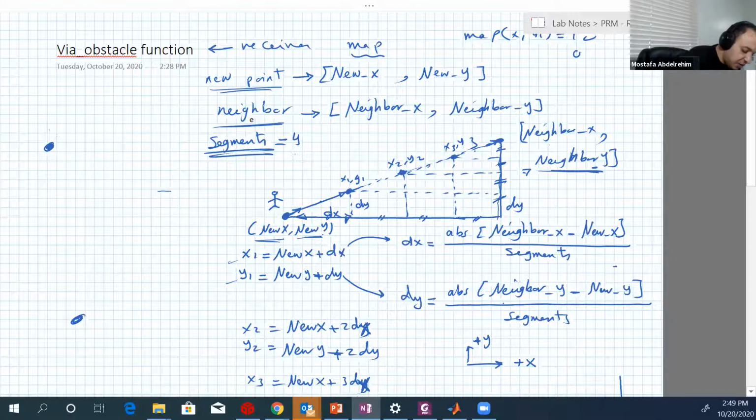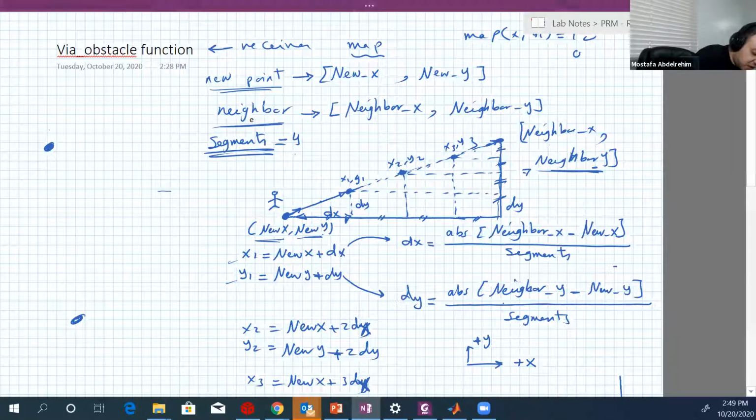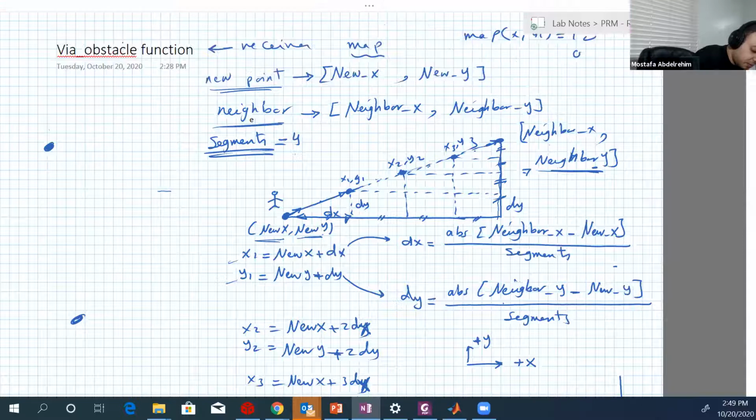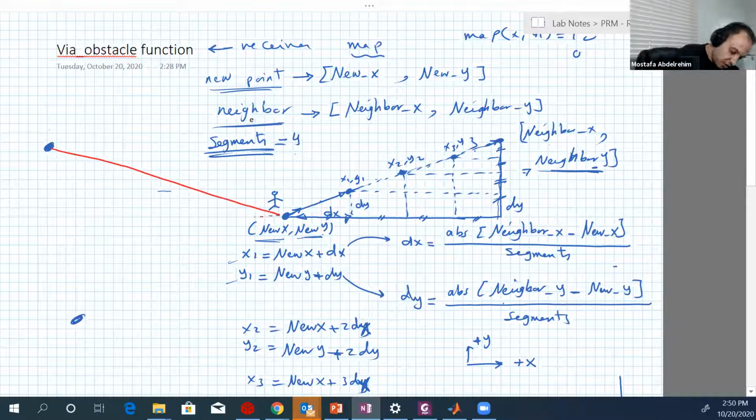Okay. Now, the question is whether this solution is general or not. So let's now check this one. If the neighbor is in here, we will have something like this. Let's do it with another color. So this will be the edge, this imaginary horizontal line and vertical line.